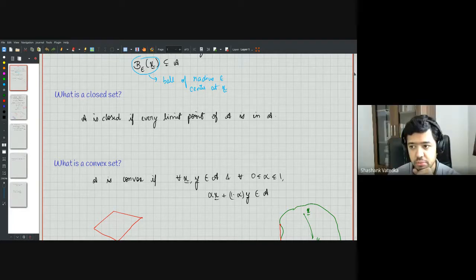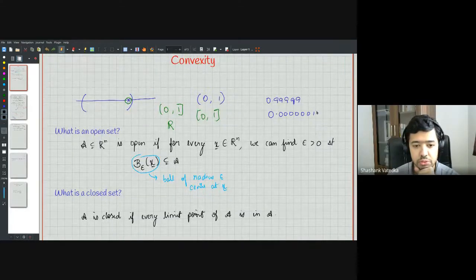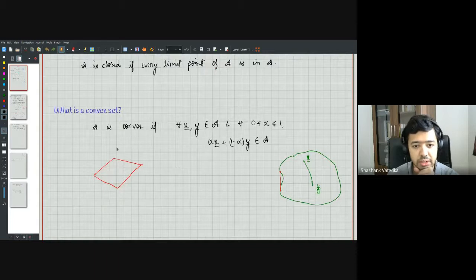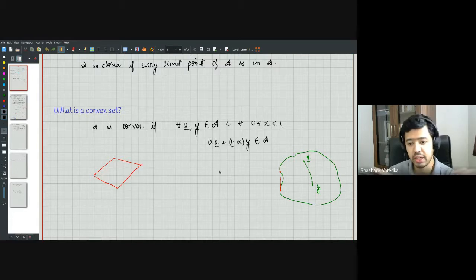All right. So in the last class, we also defined these notions of open and closed sets, and more importantly, what a convex set is. So a set is said to be convex if you take any two points within the set, then the straight line joining the two also lies in the set.